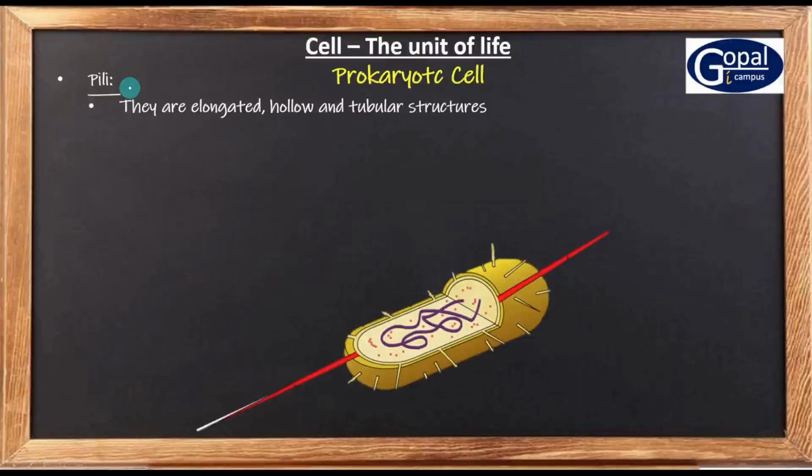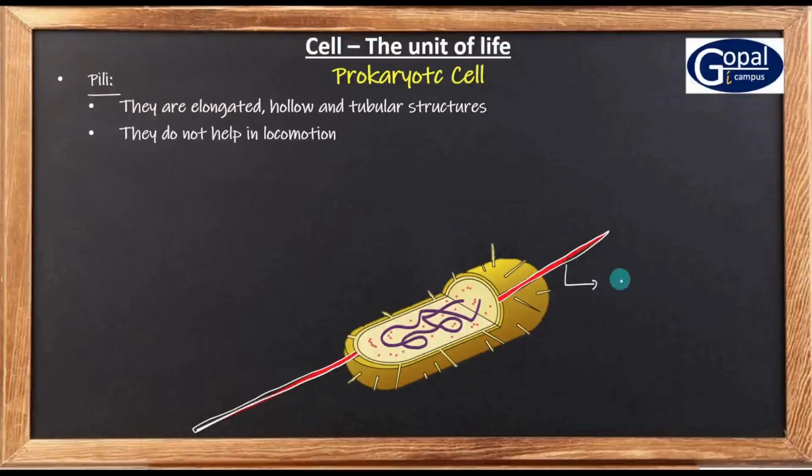So this is the pili here, and this red colored structure, from here to here, is called pili. These pili are not meant for locomotion. The word pili is plural and pilus is singular.